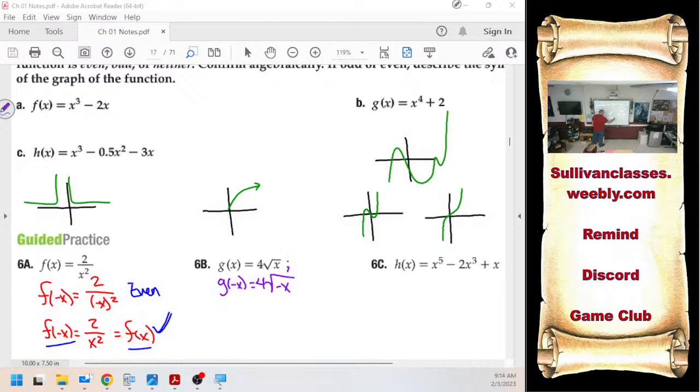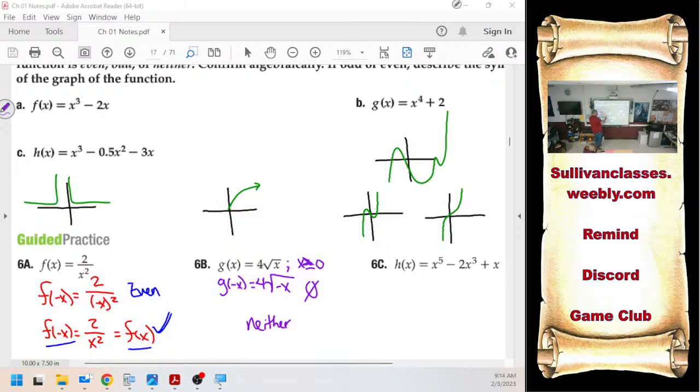By definition, this had to be x is greater than or equal to 0. So if I plug in a negative x, this just broke math law. So that's definitely a neither. Now I would say g of negative x equals empty set. Like it does not exist. I can't do it.